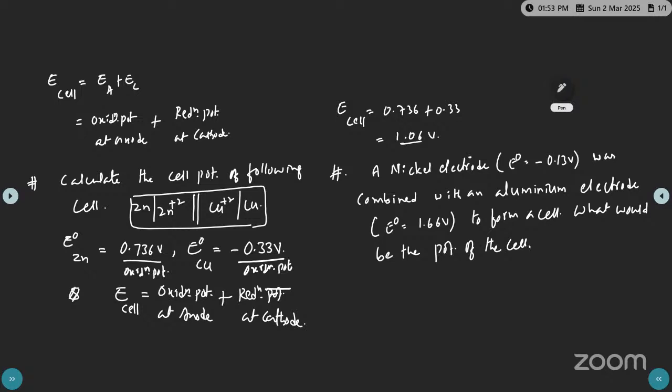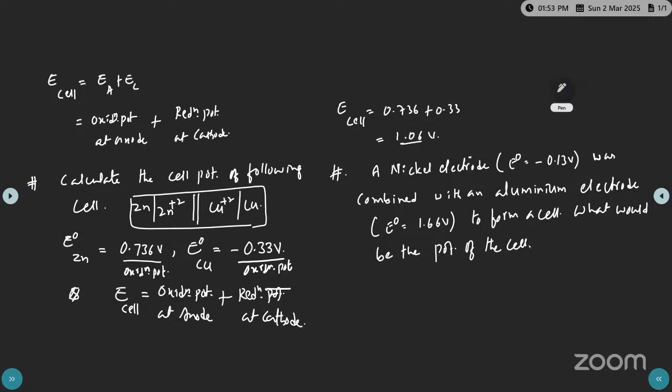In this case, how can you identify which is anode and which is cathode? Here they have given two electrodes, and they are connected, combined in a cell. In this case you can identify the anode and cathode by their potential.